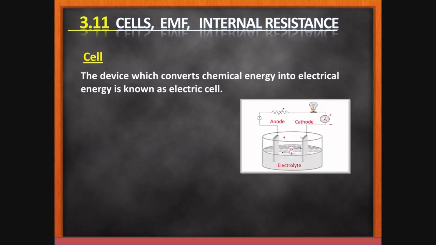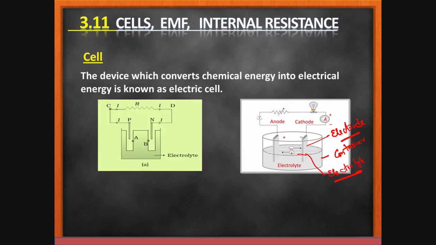So this is the circuit or diagram of a cell. A cell consists of three things: one is the container, second is the electrolyte, and next is the electrode. So a cell consists of three things: container, electrolyte and electrode.